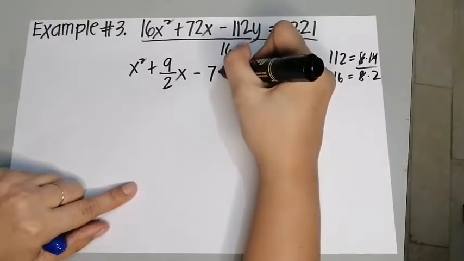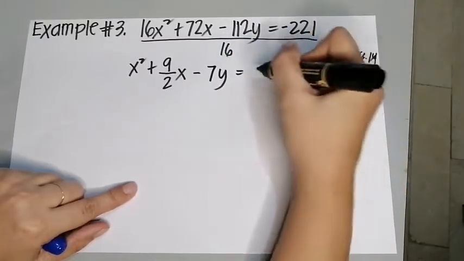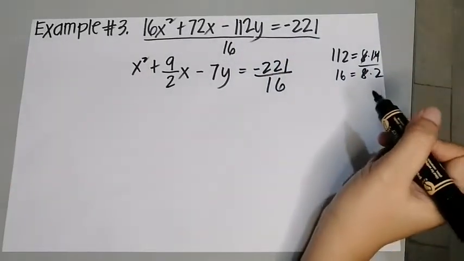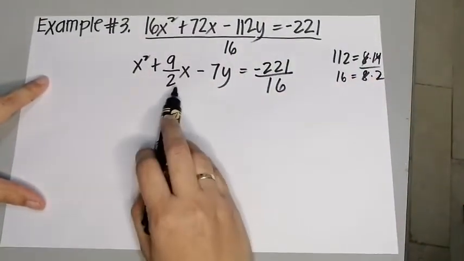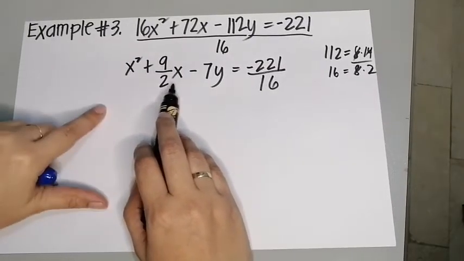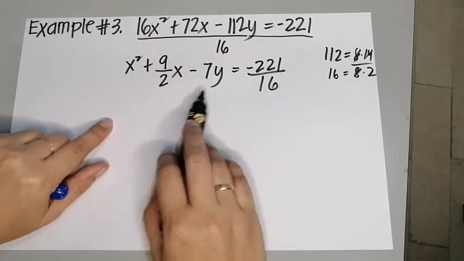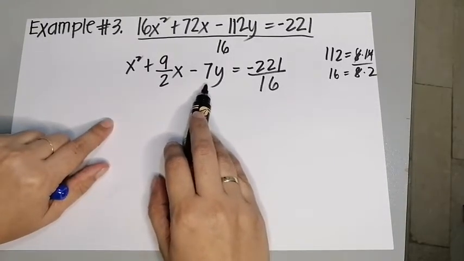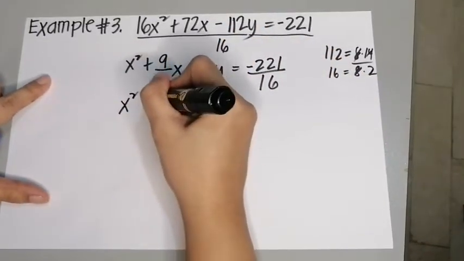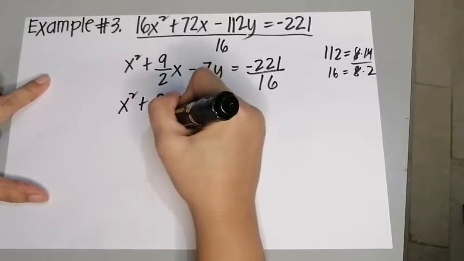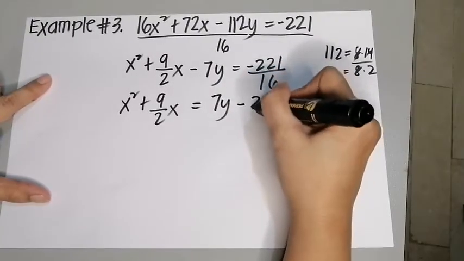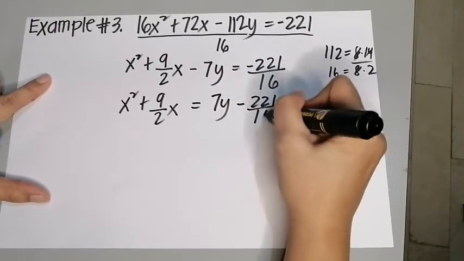So I have 7y equals -221 over 16. Next, we retain x squared plus 9 halves x on the left-hand side and move the other term, -7y, to the other side. We have x squared plus 9 halves x equals 7y minus 221 over 16.